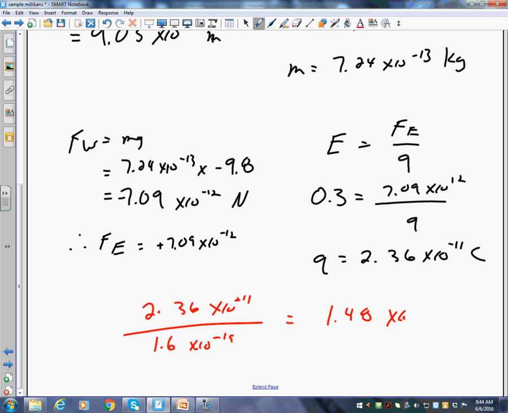It comes to 1.48 times 10 to the 8 Elches. If you have to do all those steps, it'd be 6 marks.